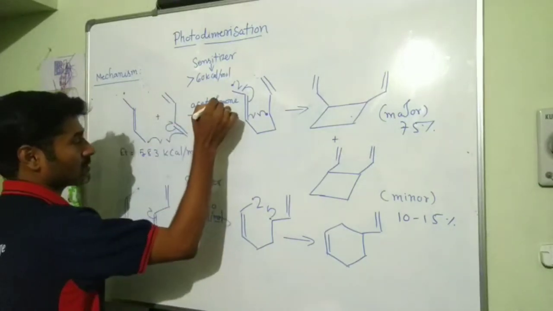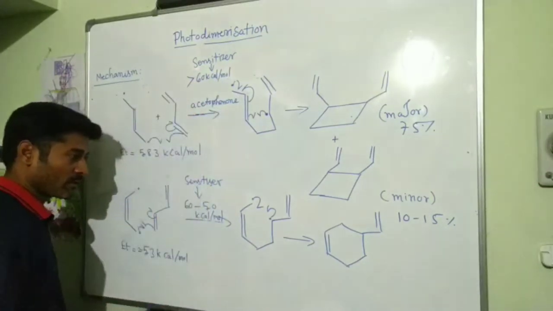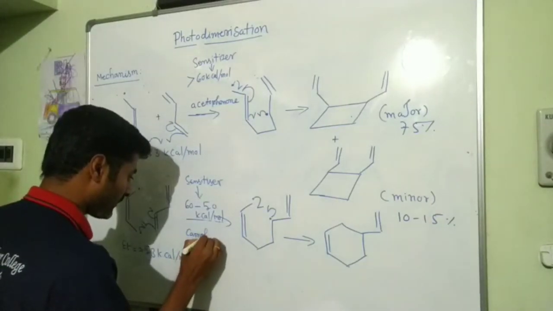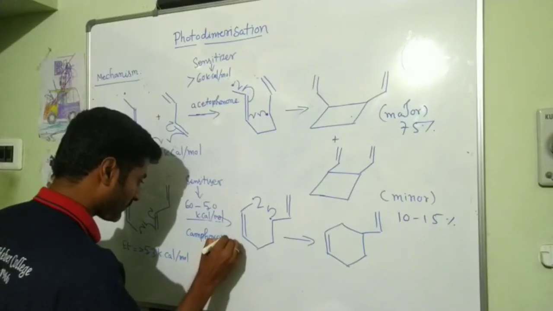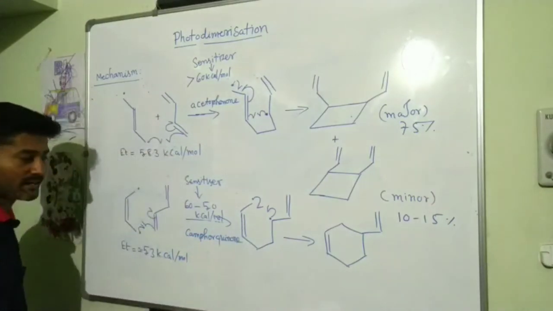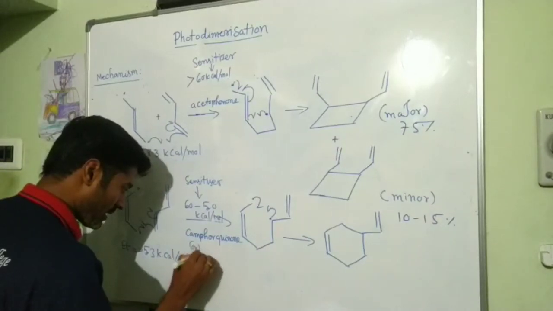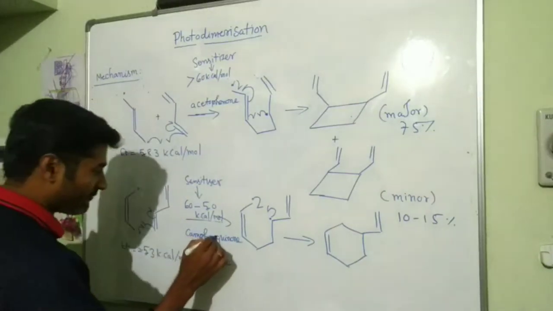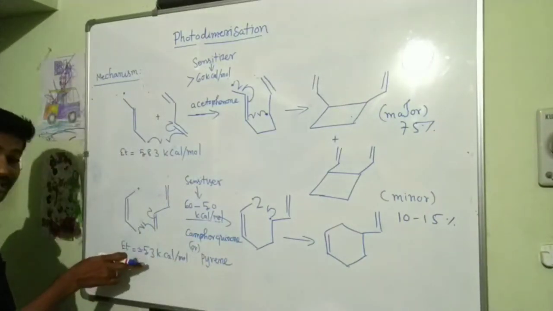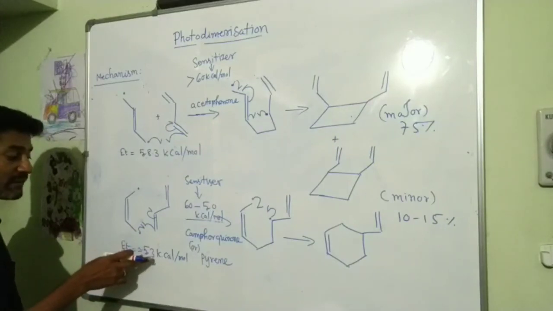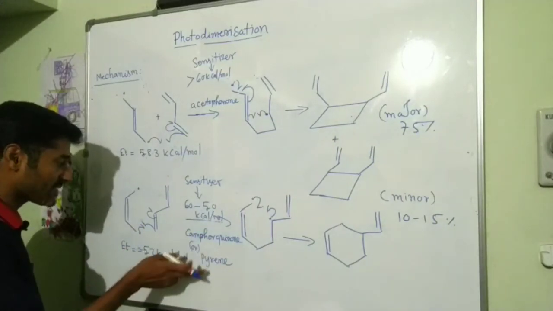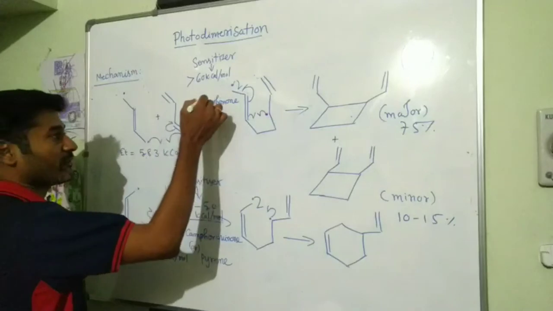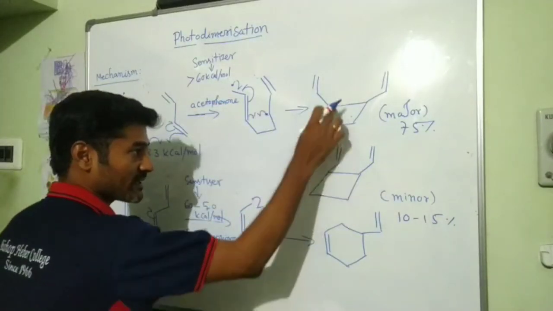Here you can take acetophenone or benzophenone, and for this you can take camphorquinone or pyrene as the sensitizer. For camphorquinone and pyrene, the triplet state energy is around 50 kilocalorie per mole. So these two sensitizers will give this one as the major product, and if you take acetophenone or benzophenone, you'll get these two as the major product.